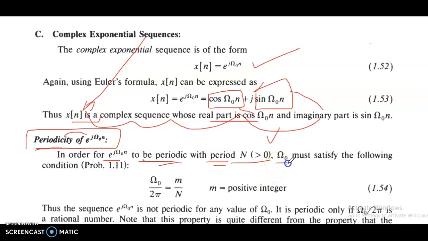The ω₀ must satisfy the following condition: ω₀ divided by 2π equals m divided by N, where m is a positive integer.